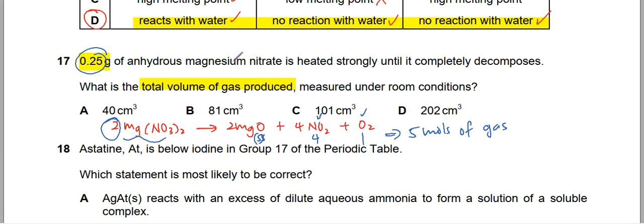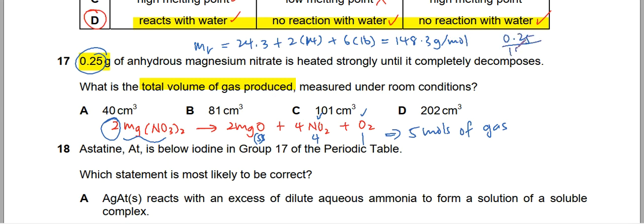To do that we need the molecular mass of magnesium nitrate: 24.3 plus 2 units of nitrogen, 14 each, and 6 units of oxygen. The total is 148.3 grams per mole.